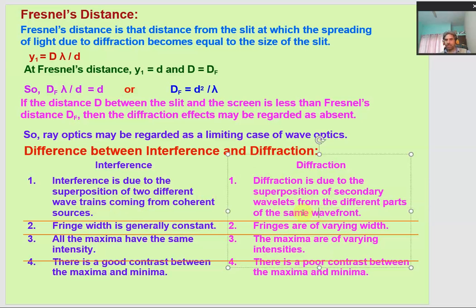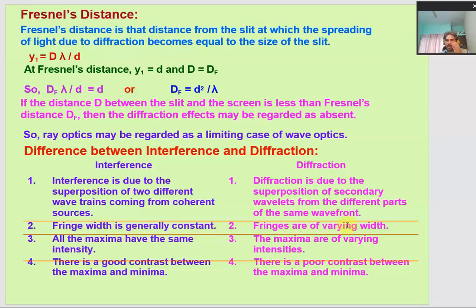So this is the first difference. Another difference is that in the interference pattern in Young's double slit experiment, all the fringes have the same width, whereas in the diffraction pattern the fringes are of different widths, because the central bright fringe is twice the size of the widths of all other dark and bright fringes.